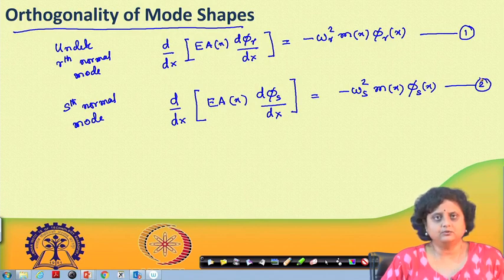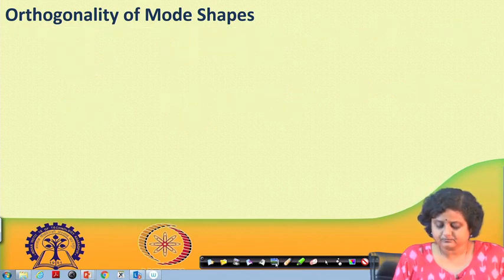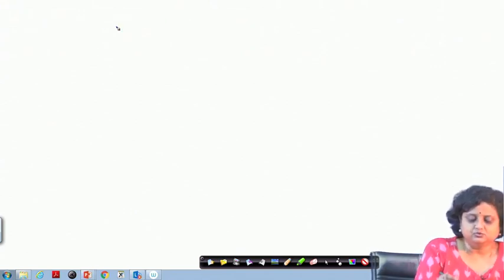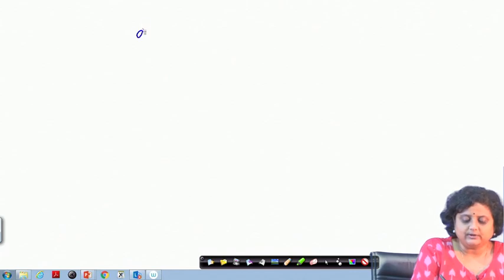For any non-uniform distribution, any non-uniform cross section, the orthogonality of mode shape holds. Now, let us go ahead further with the derivation. So, we had the equation 1 which was d dx.